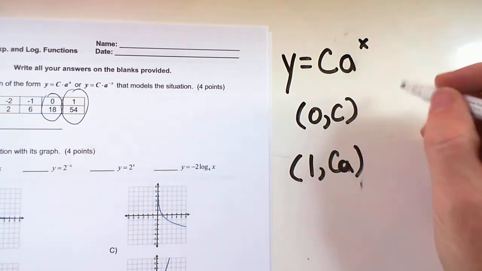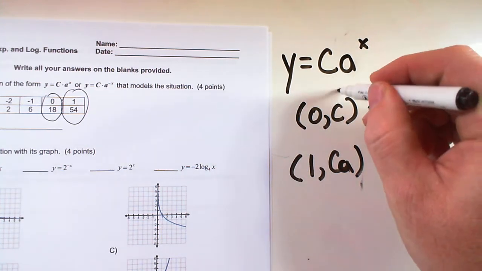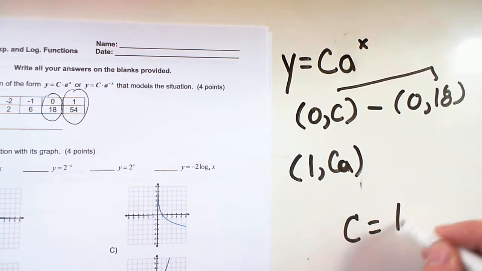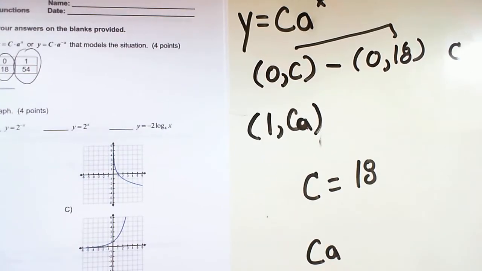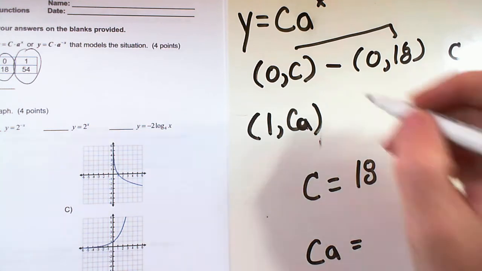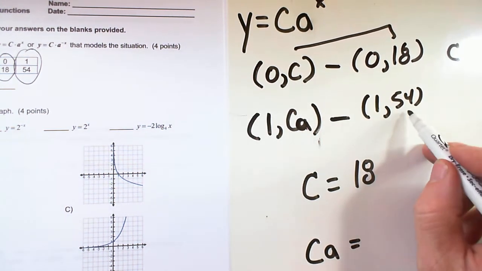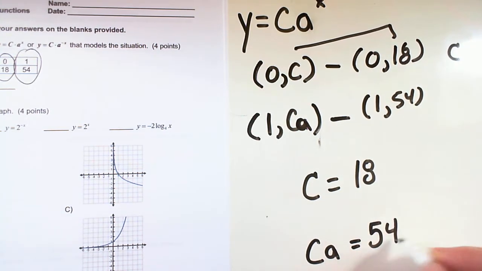So in this particular case, our (0, c) point is the point (0, 18). So c equals 18. That means, using the other point, (1, ca), we know that ca is going to be 54.